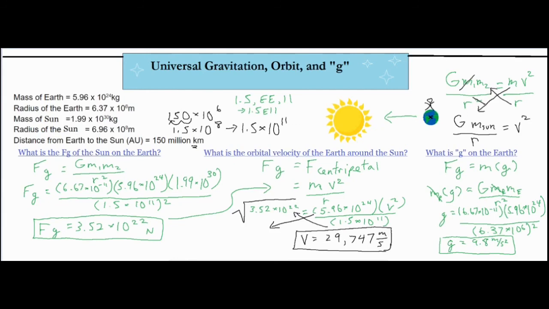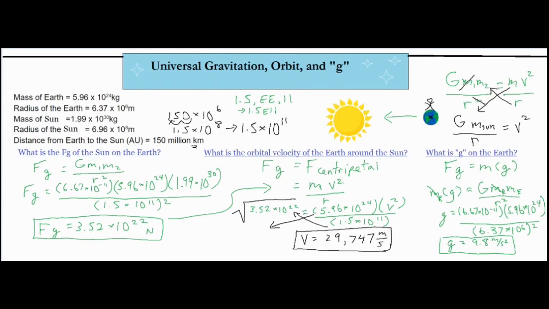As a quick recap, plugging in stuff to find force of gravity is generally fairly simple, but you have to make sure you're very careful with your parentheses and your exponents. When you do an orbit problem, you're typically setting your Fg equal to your centripetal force. So you have G m m over r squared equal to m v squared over r.